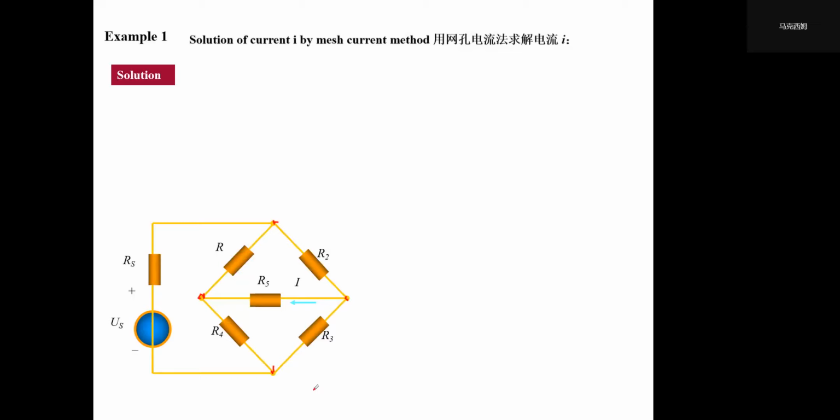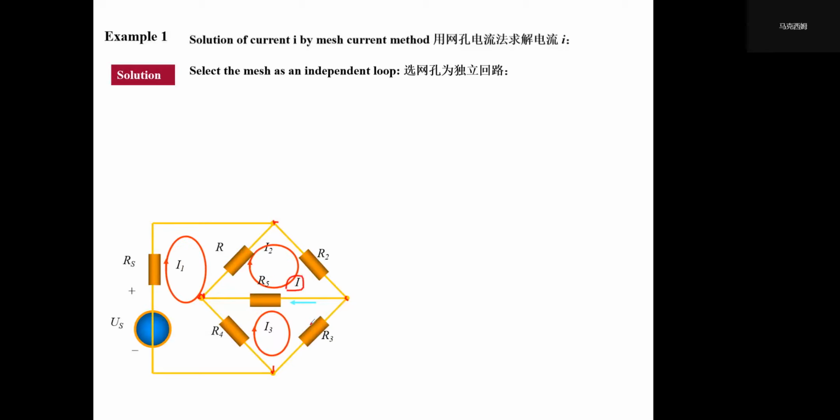We would like to know the current I here by using the mesh current method. So we can select the meshes as independent loops. We can do this like this.